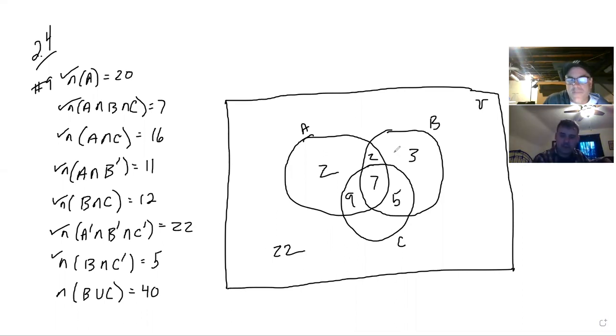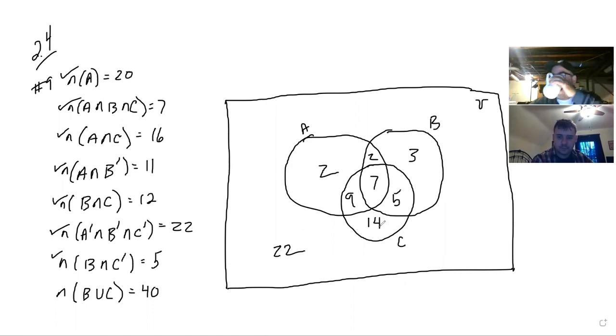So I need to add up the 5 I know. That would be 5 plus 5 is 10, plus 7 is 17, plus 9 is 26. So 40 minus 26 should be 14. And that would do it.